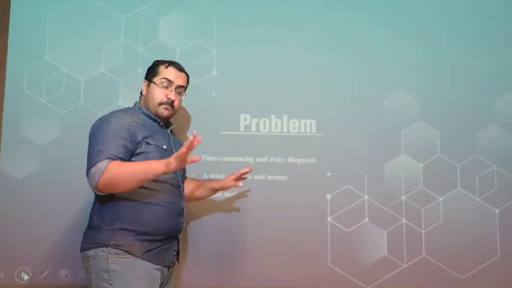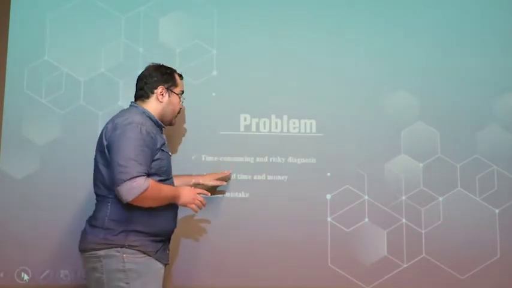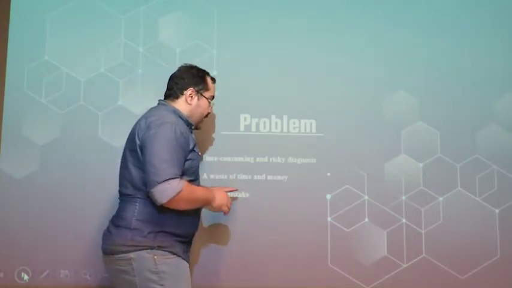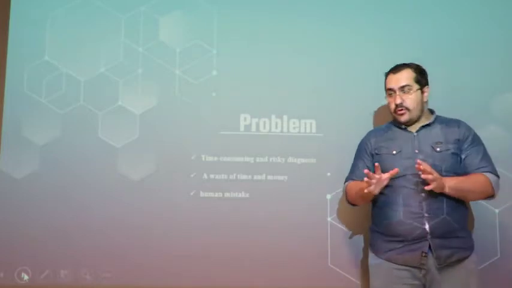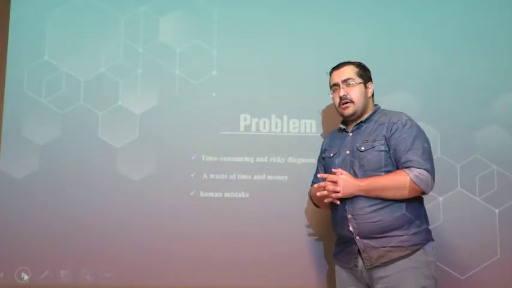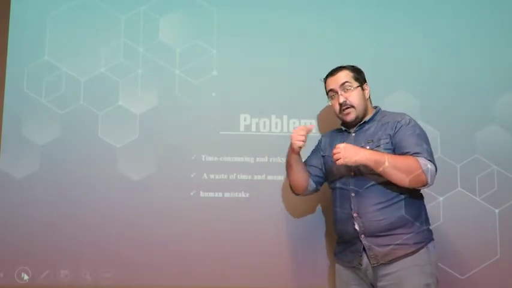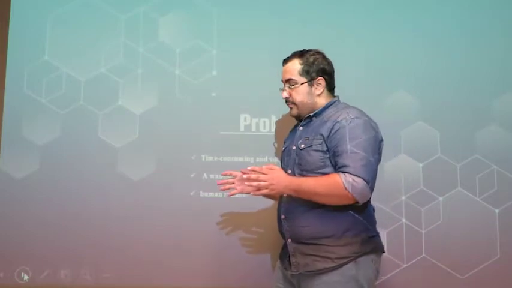So one of the biggest problems in the medical industry is that it is time-consuming and carries a lot of risk. The next problem, which is so big that a lot of families have conflict and struggle with it, is waste of time and money.